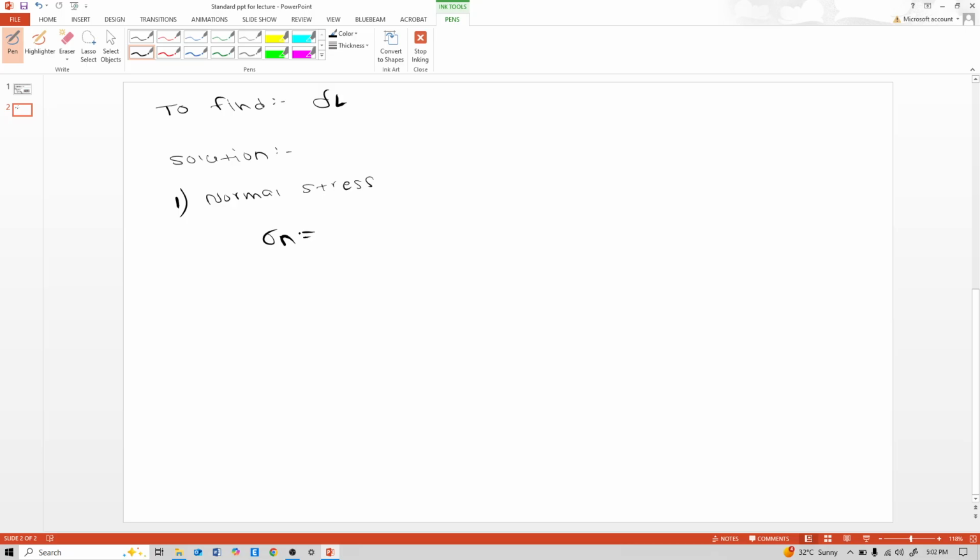The formula for normal stress is sigma n is equal to (sigma x plus sigma y) upon 2 plus (sigma x minus sigma y) upon 2 cos of 2 theta plus tau sine of 2 theta.